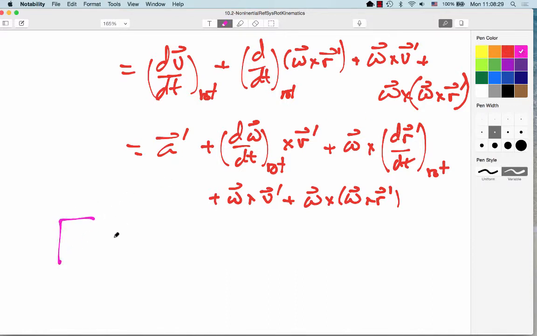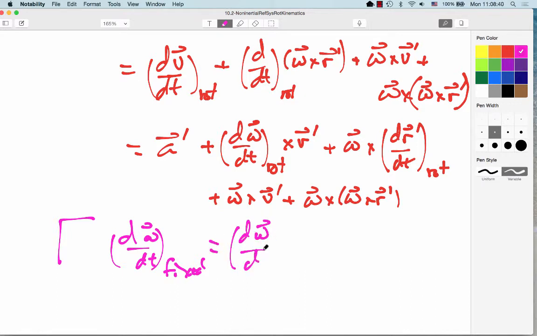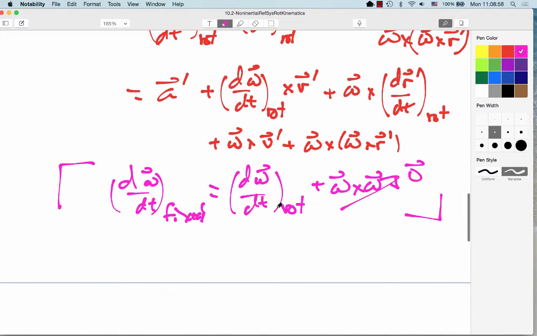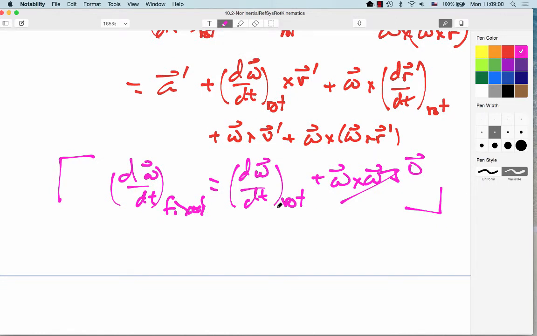This is because if we evaluate d omega dt in the fixed frame, it'll equal d omega dt in the rotating frame plus omega cross omega, right? This is just omega crossed into whatever, but omega cross omega is the null vector, so we don't care. So that means that these two derivatives are the same, thank God.